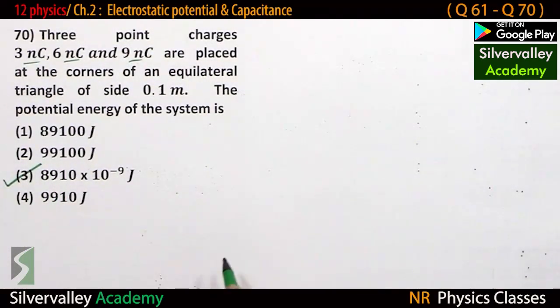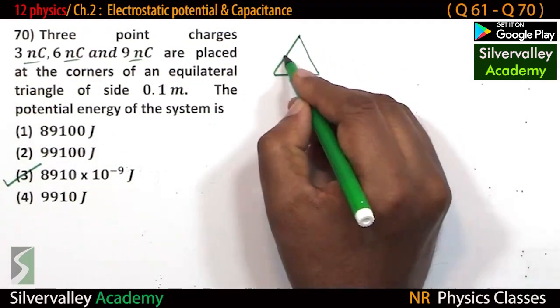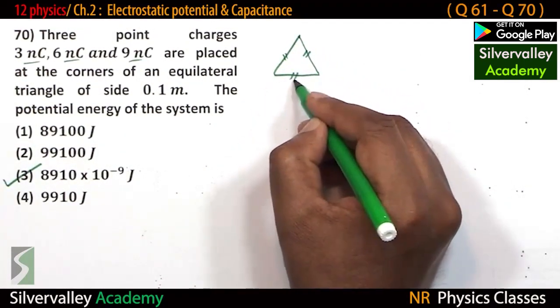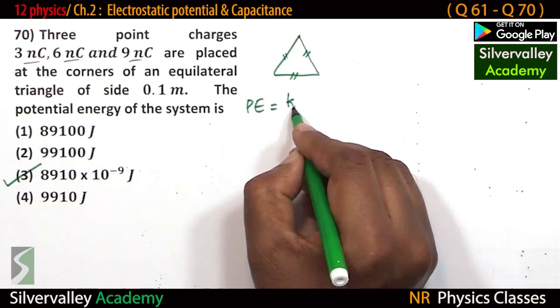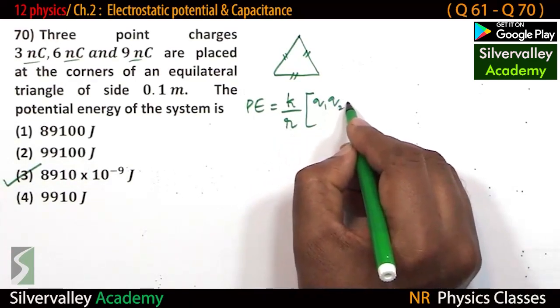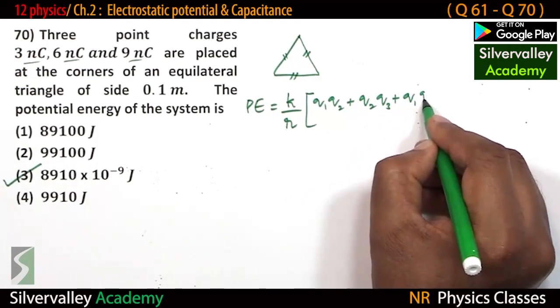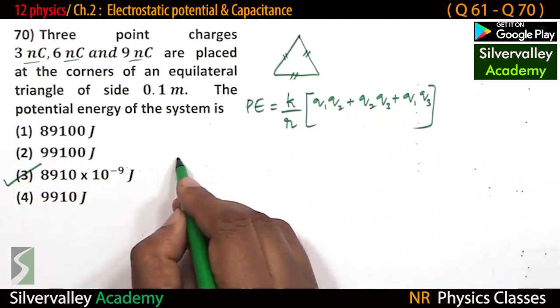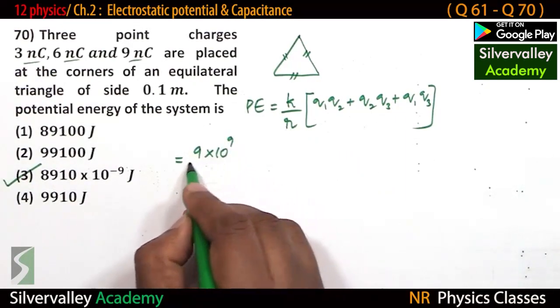Let us check once. 3 charges, equilateral triangle means distances are equal. Therefore potential energy is constant by distance, times Q1 Q2 plus Q2 Q3 plus Q1 Q3. Constant is 9 into 10 power 9.